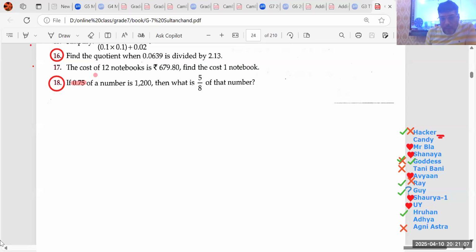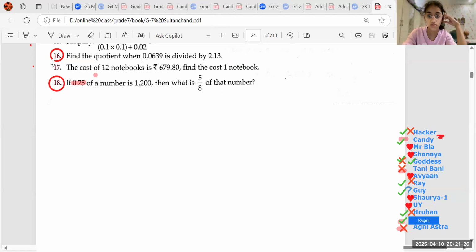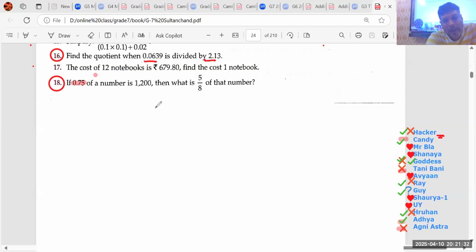All right, I'm going to explain now. So for the first question, Tani, Bani, Aganya, Adya, and Candy, what is my first answer? Sir, I sent answers for the first question. I wasn't able to solve the second one. Chalo, guys. So, the quotient when 0.0639 is divided by 2.13.